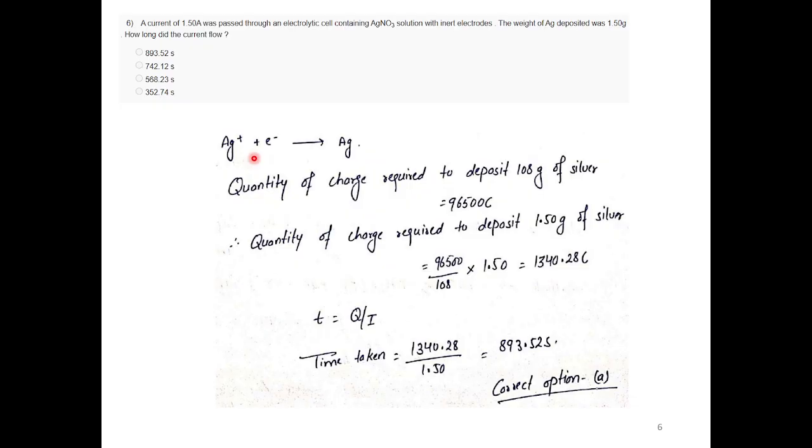So Ag+ plus one electron is going to be Ag, metallic silver.